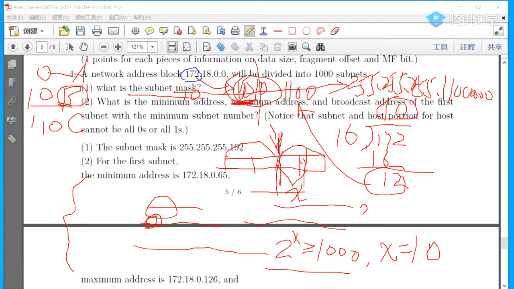That is 128 plus 64, which is 192. So the subnet mask is 255.255.255.192.